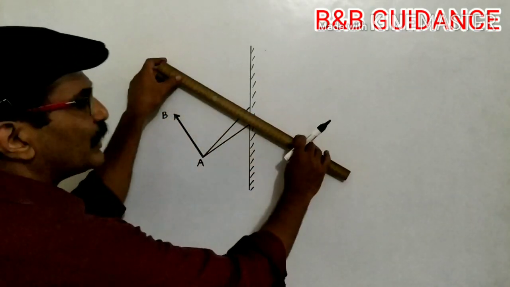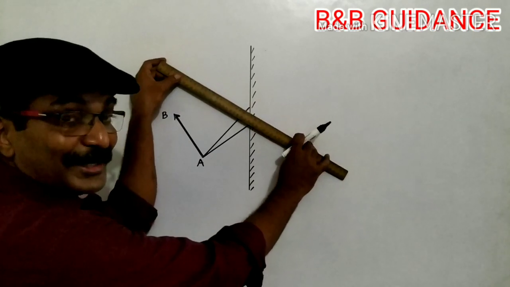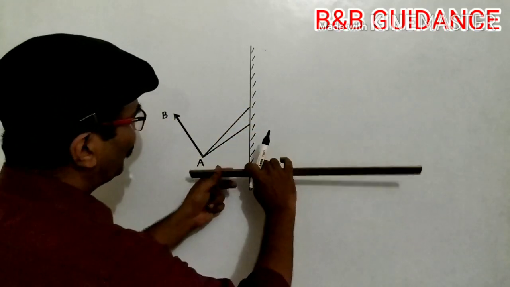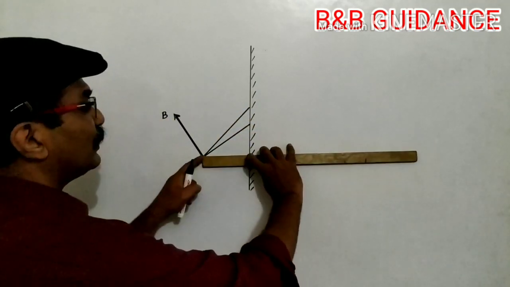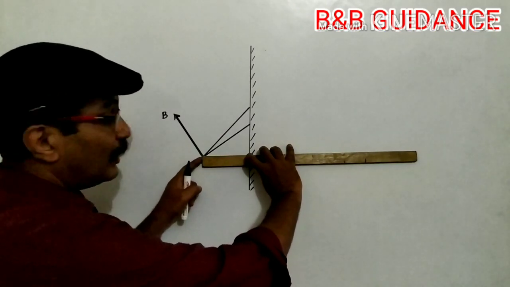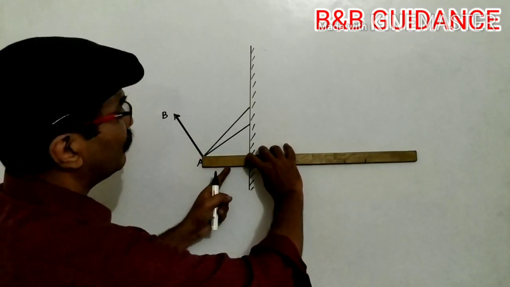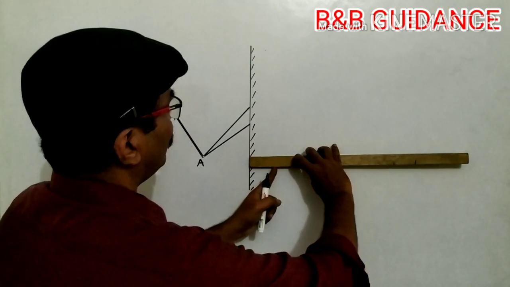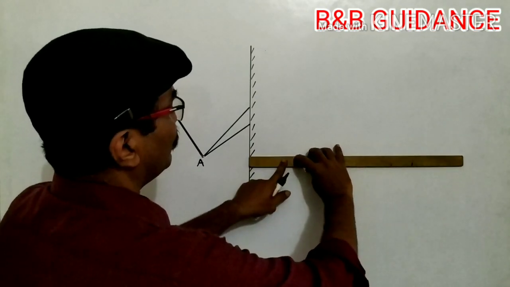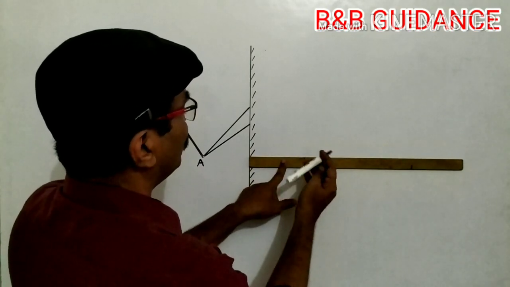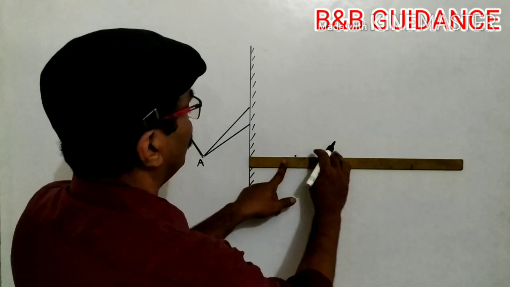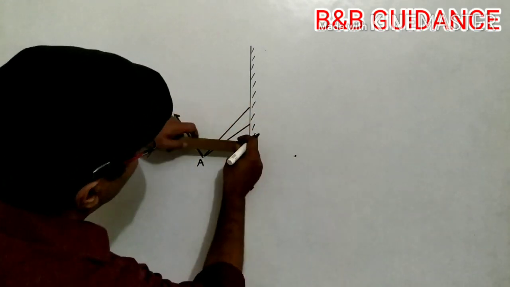Then how will I draw the reflected ray? Not directly. First I will take this object distance, the distance of point A from the mirror. Isn't it? So here, the same. I will mark that point. Isn't it? Am I correct?